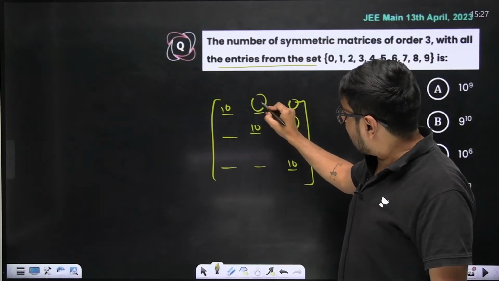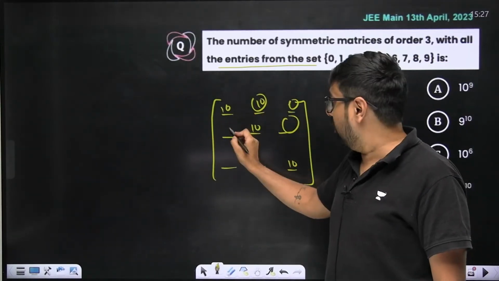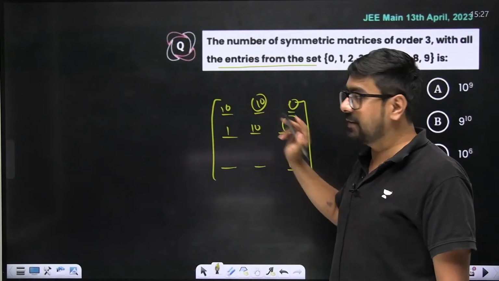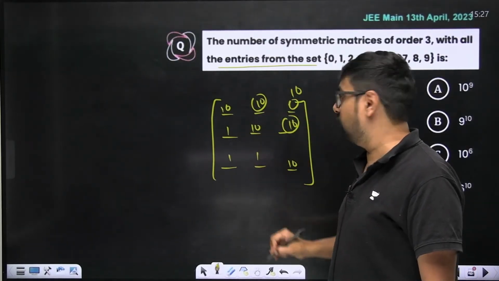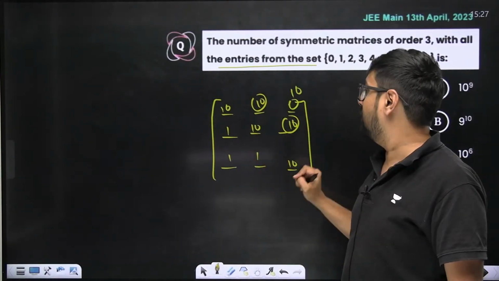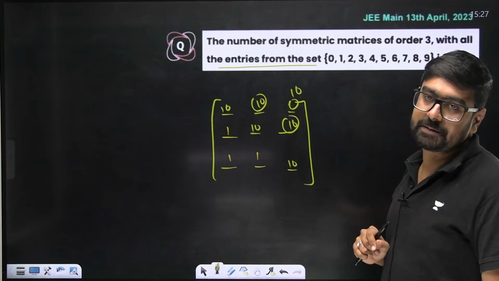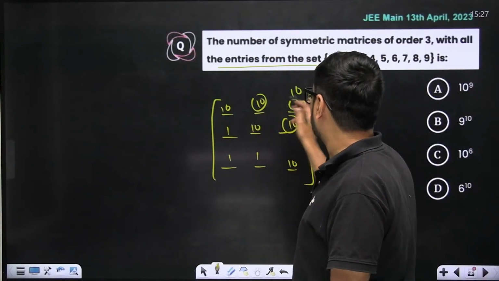So 10 choices for this, 10 choices for this, but for the mirrored entries only one choice, because whatever is coming here will come here. Now in this symmetric matrix, how many 10s do we have? 1, 2, 3, 1, 2, 3.